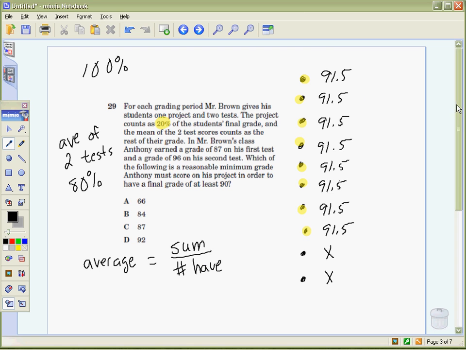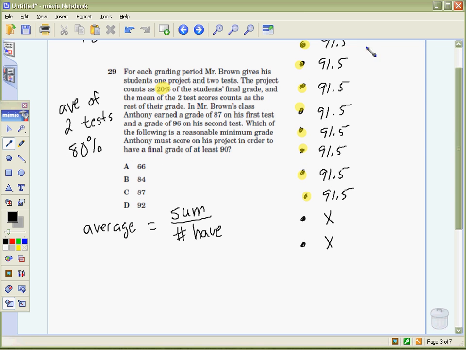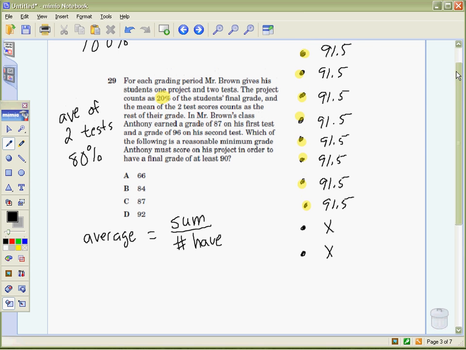Let's see what we have here. The sum is going to be 91.5 plus 91.5 all the way down to here, and there's 8 of them, so it's going to be 8 times 91.5 plus 2x, divided by how many we have, which is 10, and that's equal to the average, and the average we want is 90.